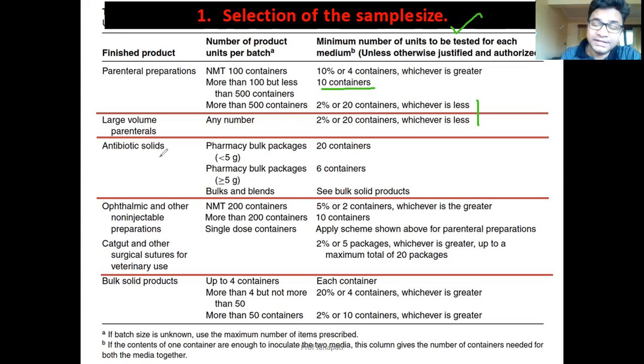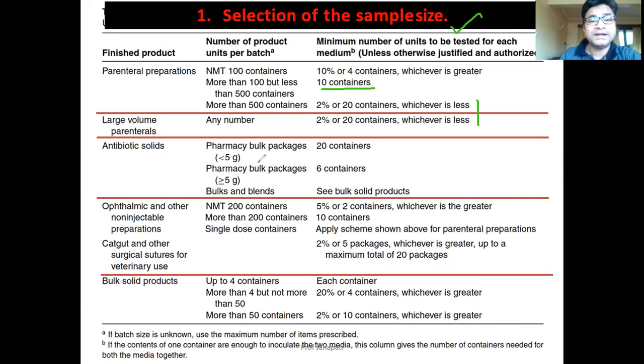Many anti-cancer drugs also need to be reconstituted. For example, cisplatin or capecitabine or cyclophosphamide. All these will come under these preparations here.